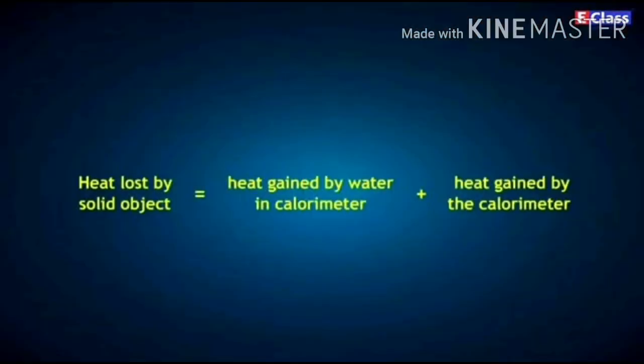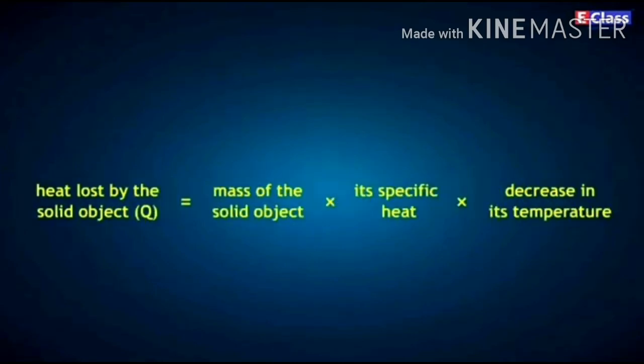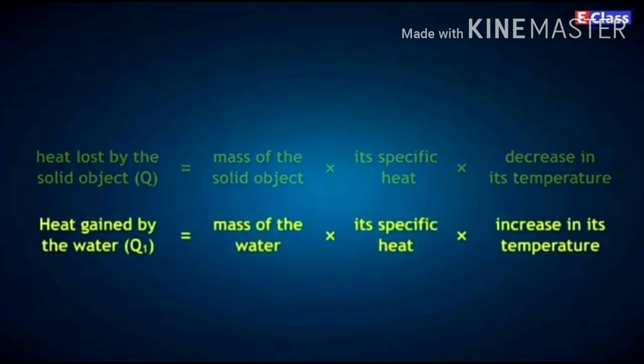Therefore, heat lost by the solid object is equal to heat gained by water in calorimeter plus heat gained by the calorimeter. Heat lost by the solid object Q is given by mass of the solid object into its specific heat capacity into decrease in temperature. Heat gained by water Q1 is given by mass of the water into its specific heat capacity into increase in its temperature.